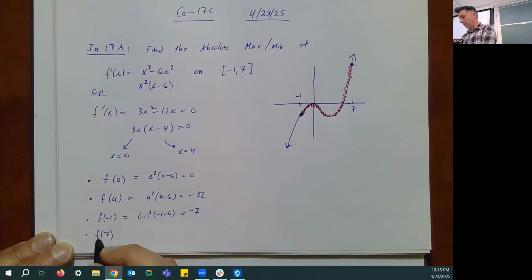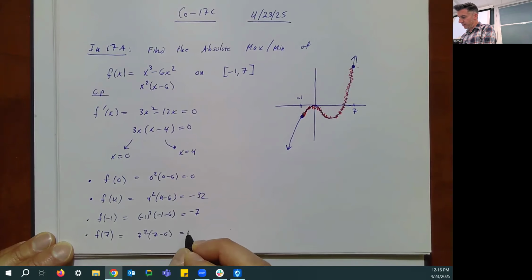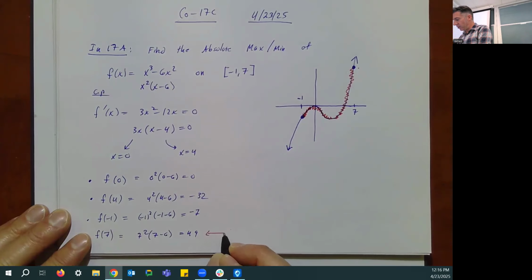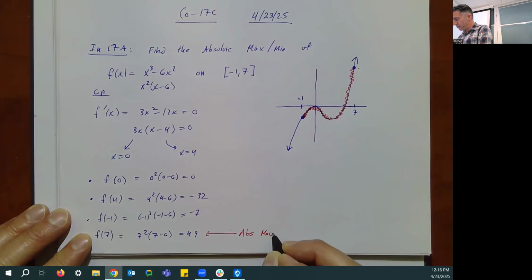And finally, f of 7 is going to be 7 squared times 7 minus 6, which is 49. So we can see our absolute biggest value is 49, and our absolute minimum value is -32.